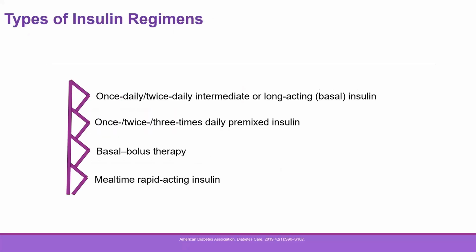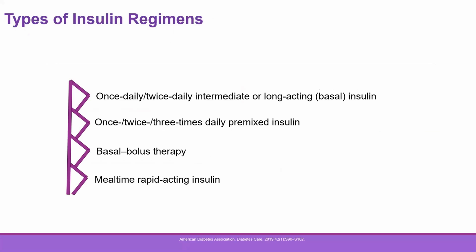So let us have a look at the insulin regimes. As I have discussed, we should start with the basal insulin, but we'll discuss different insulin regimes, and then we have to look into which regime is most suitable in a particular patient. Now, there are different regimes we use. One is once daily or twice daily, intermediate-acting or long-acting insulin.